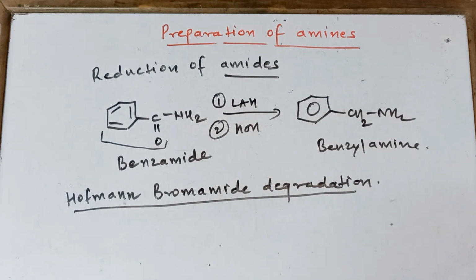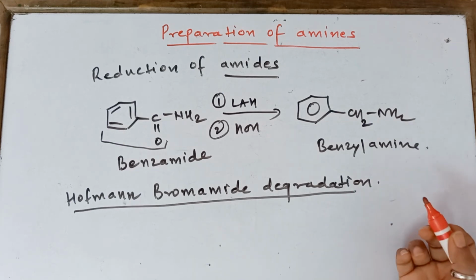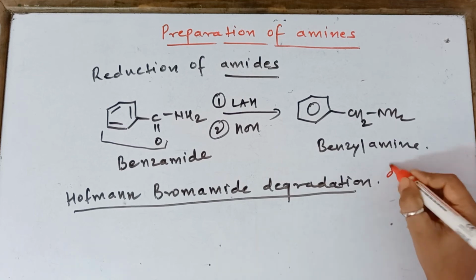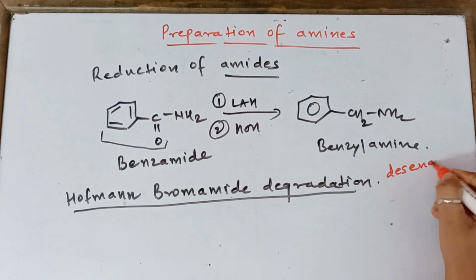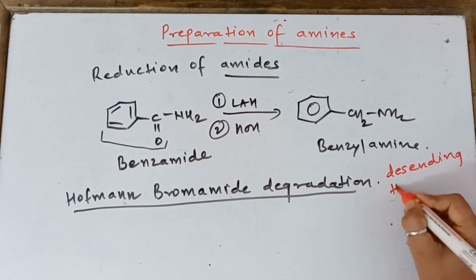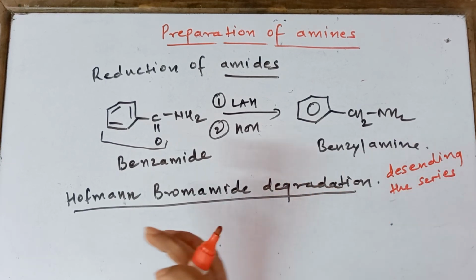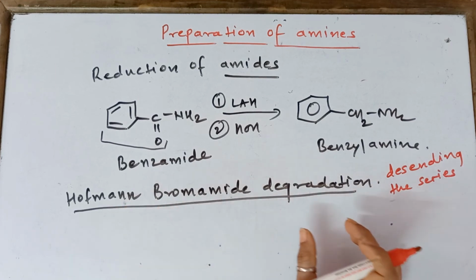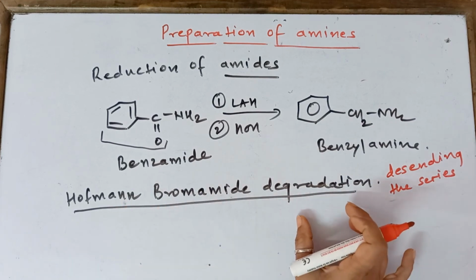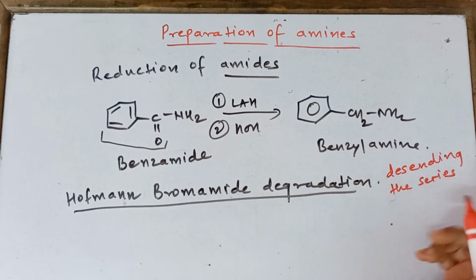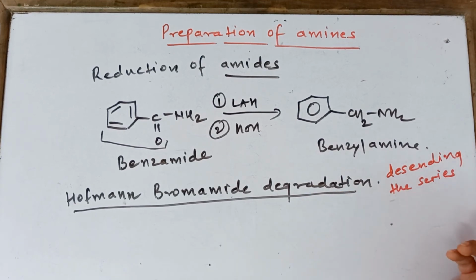As we can see, the name itself suggests degradation, which means that we are going to degrade or break down a compound. So this is an example of descending the series. Whenever you lose carbon atoms during the reaction, from let's say a 4 carbon atom parent compound, you're jumping to a 3 carbon atom product, you're losing carbon atoms, right? So that's called descending the homologous series.